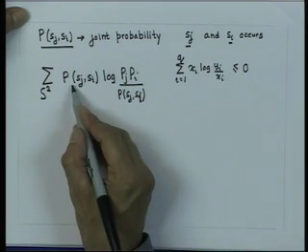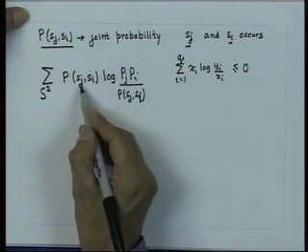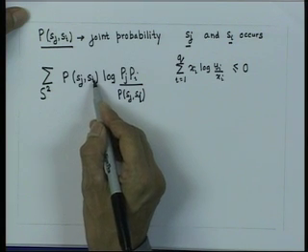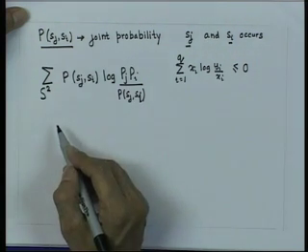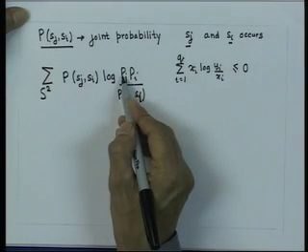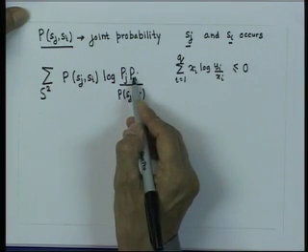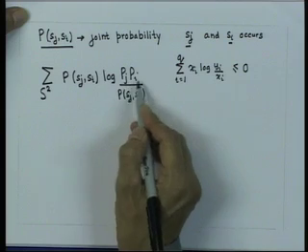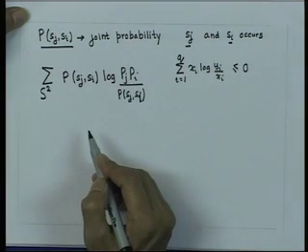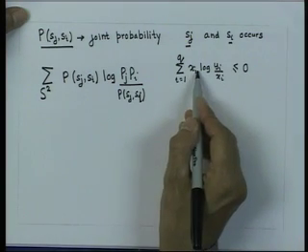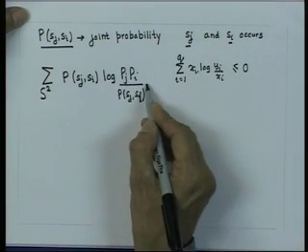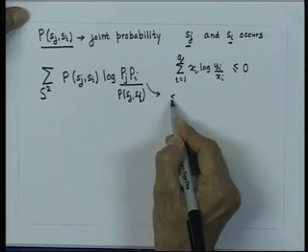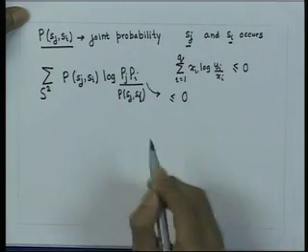Now, similarly here these joint probabilities P(Sj Si), if I sum them up over j and i, the value is 1. Similarly, Pj multiplied by Pi, if I sum it over j and i, is always equal to 1. What it means from this relationship is that this quantity out here is always less than or equal to 0.